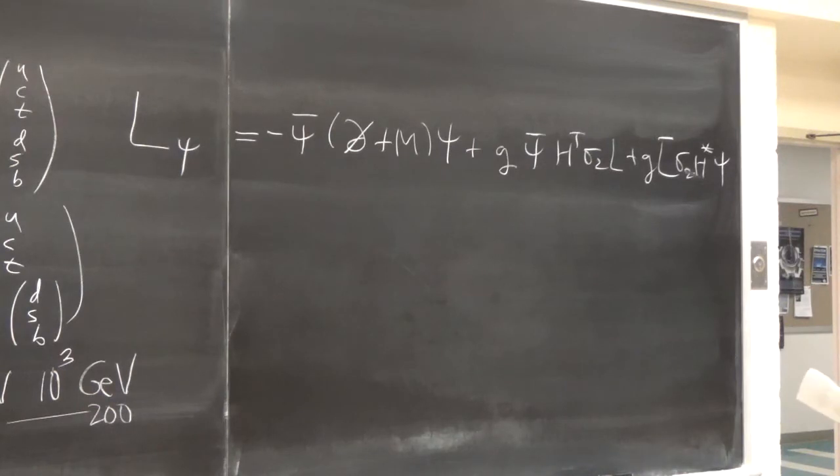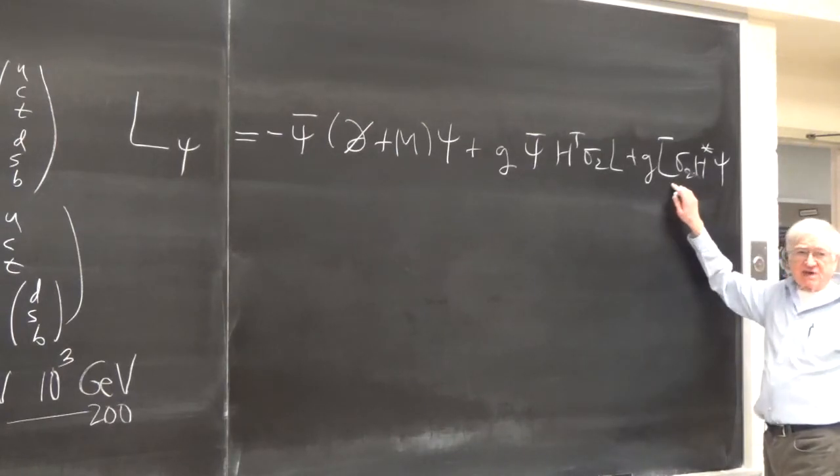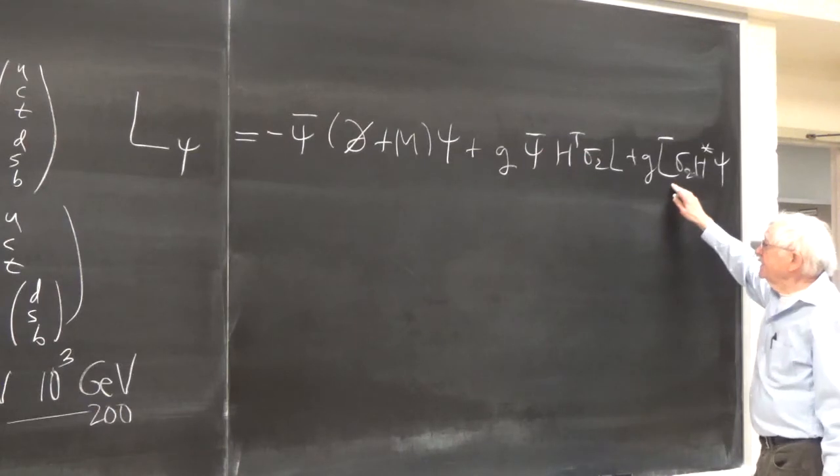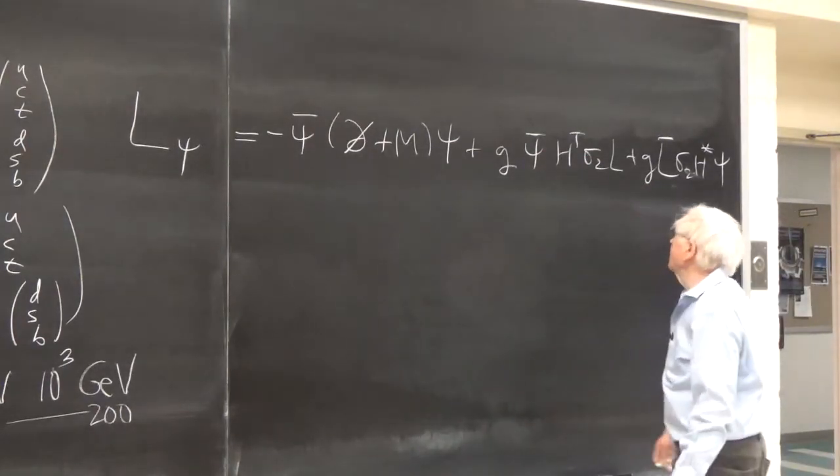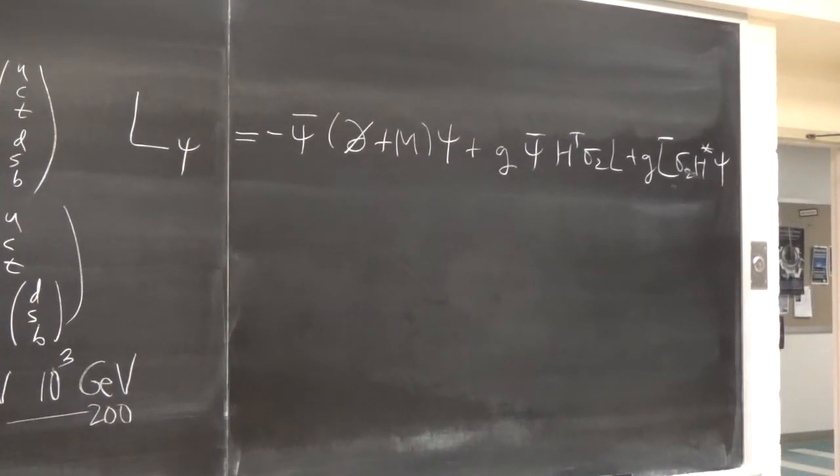Here is the lepton doublet, and psi can be a singlet field here.